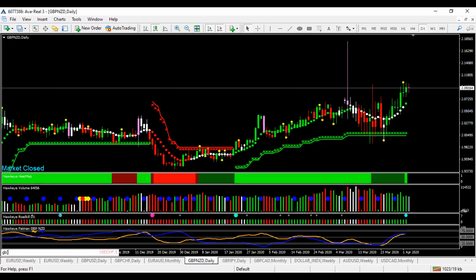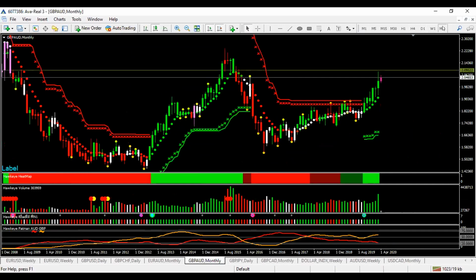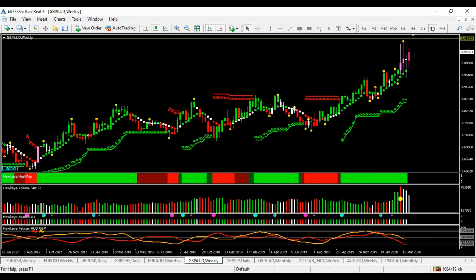Okay, great. Okay, GBPAUD, let's see the monthly. The monthly has the same story. Pound is in strength and Australian dollar is in weakness. Okay, the weekly, again, is not very conclusive.